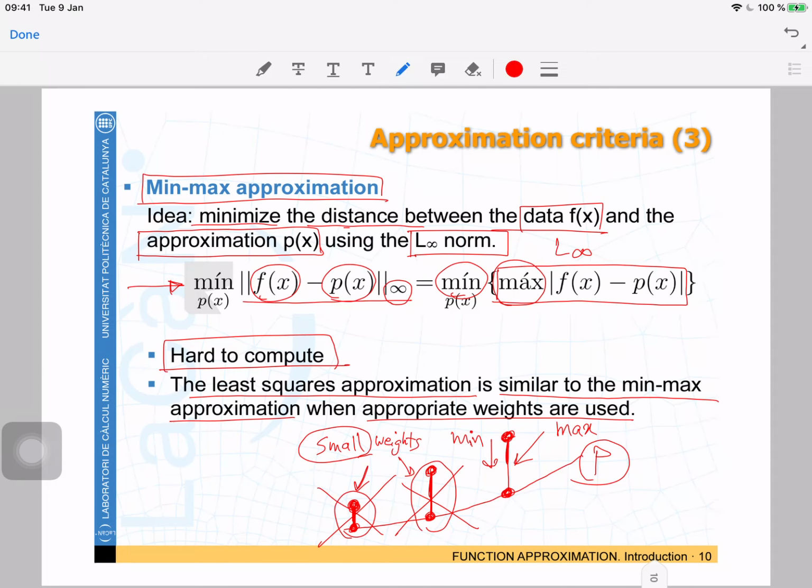So finally in the least squares you are focusing more on the last distance, which has more weight, and this becomes very similar to the min-max approximation, which also focuses on this last or the maximum distance.